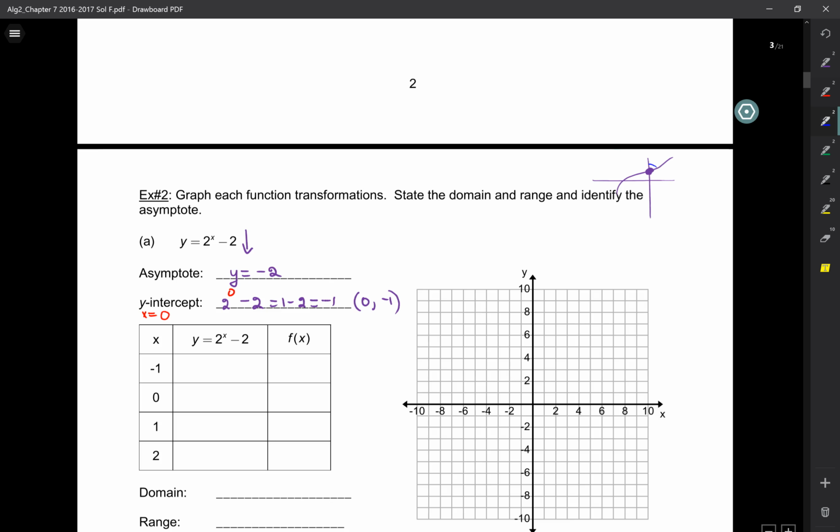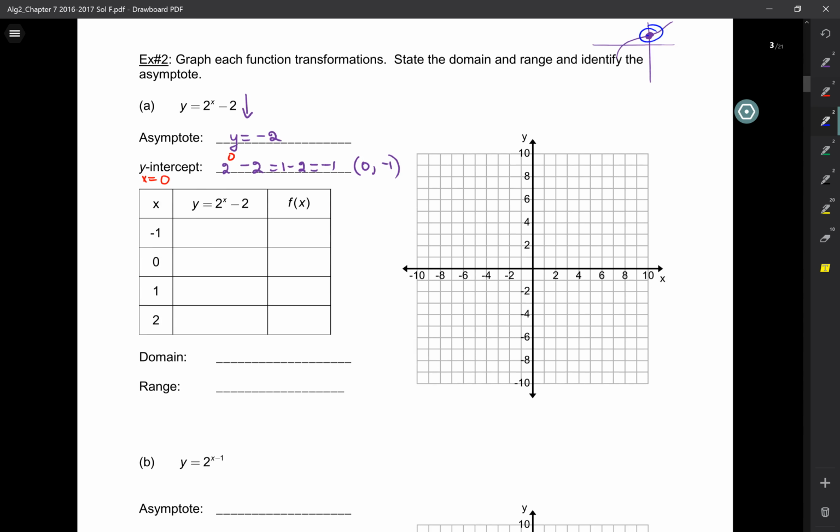Y-intercept is where the graph crosses the y-axis. Okay, so at that point that I've circled in blue, y is some number. What's the x value? X is 0. So at the y-intercept, x is always 0. Remember chapter 1 and 2 when we were looking for x and y-intercept?